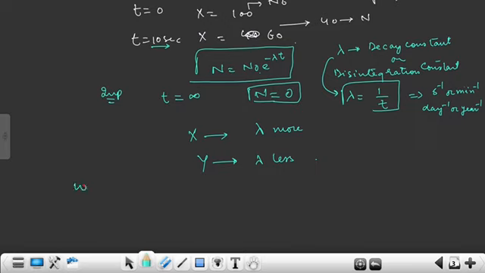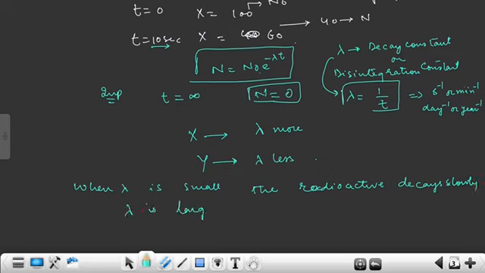When lambda is small, the radioactive substance decays slowly, or we can say when lambda is large, the decay will occur rapidly.